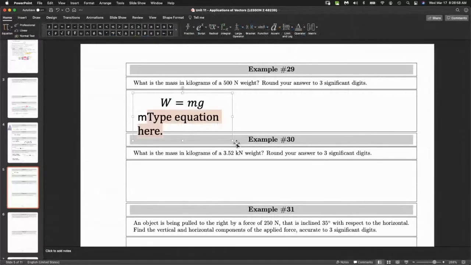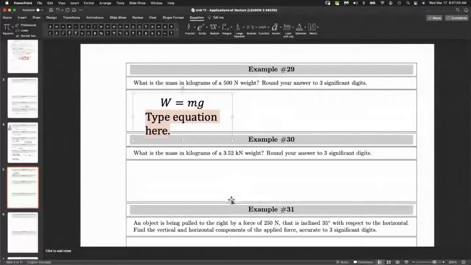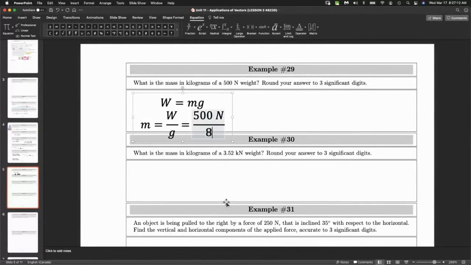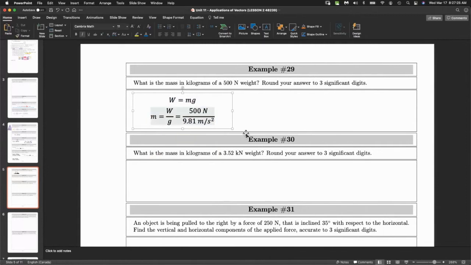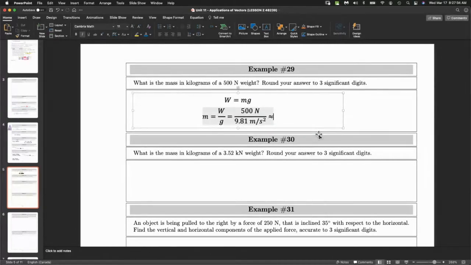In this case, the mass is equal to weight divided by g, which is 500 newtons divided by 9.81 meters per second squared. And if someone would be so kind as to do that calculation, please. Very nice, thank you.